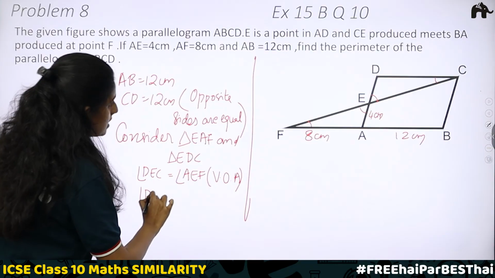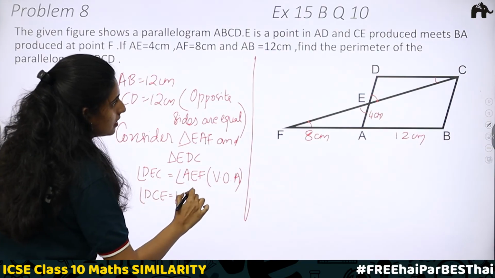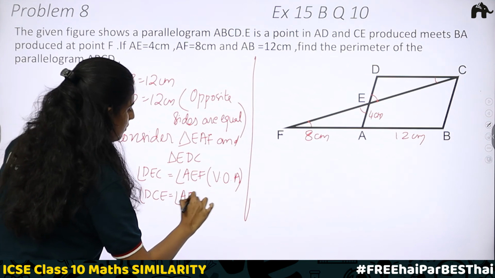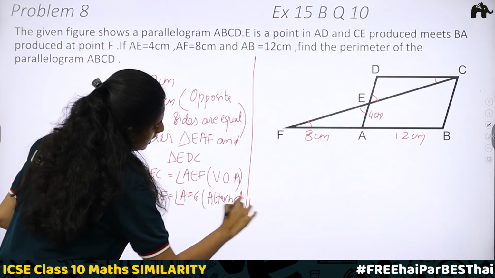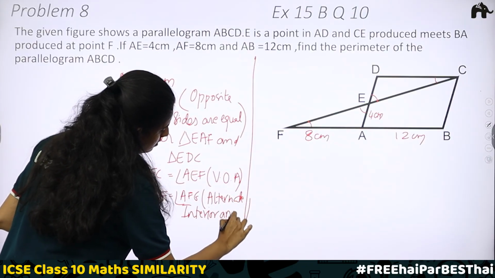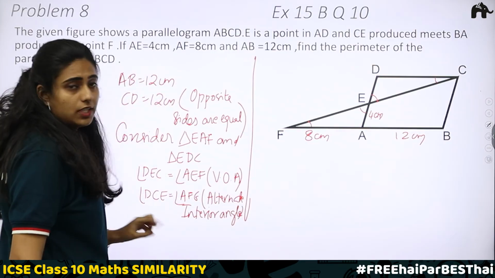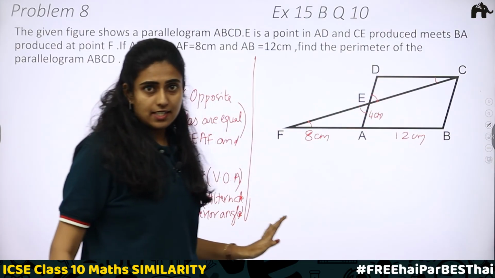Angle DCE is equal to angle AFE, alternate interior angles. We got two angles of the corresponding triangles equal.